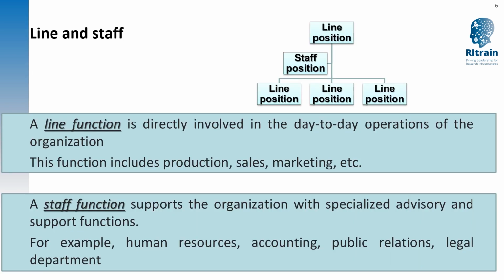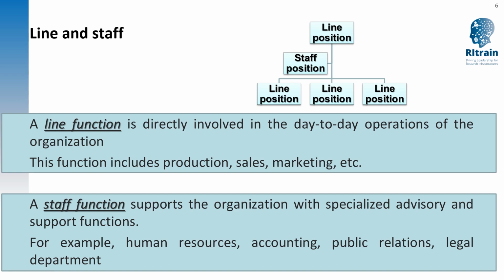What are the most important differences between a line position and a staff position? A line position is directly involved in the day-to-day operation of the organization, such as producing or selling a product or service. Line positions are composed of line personnel and line managers.